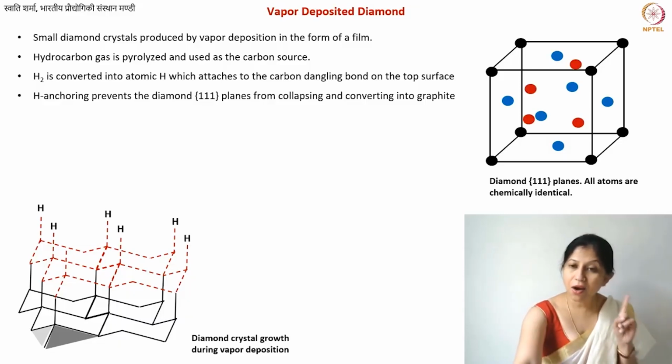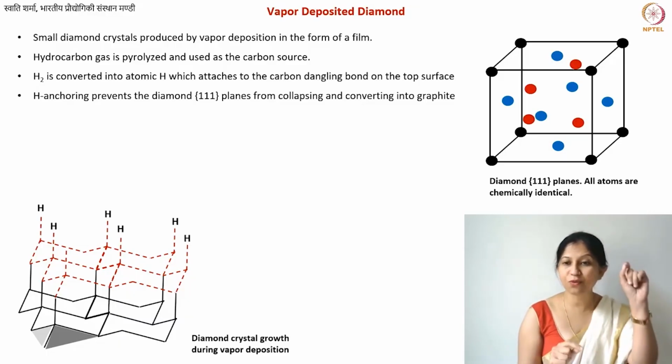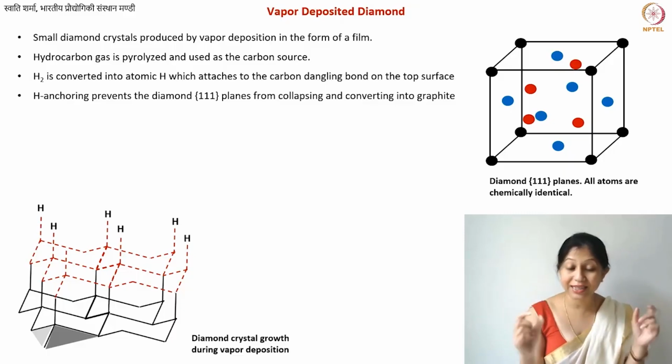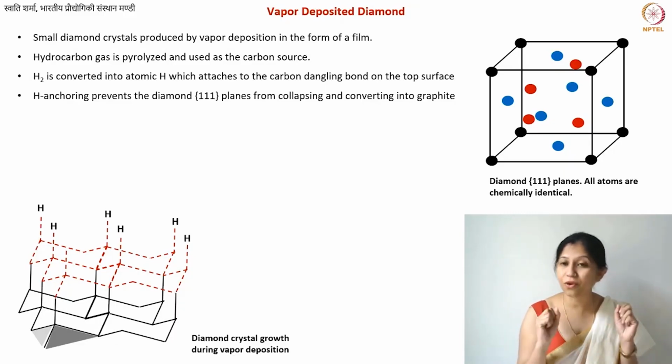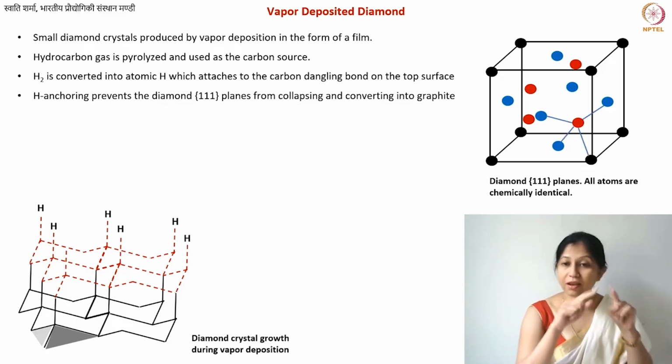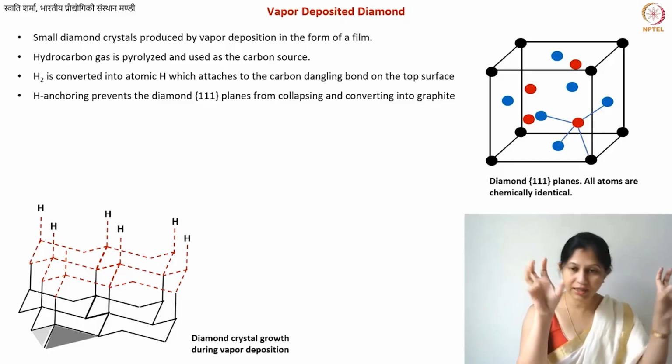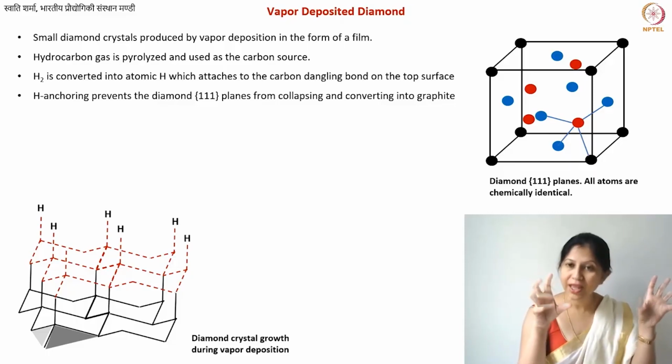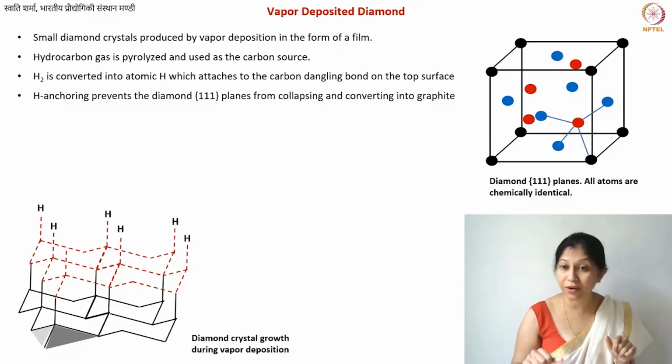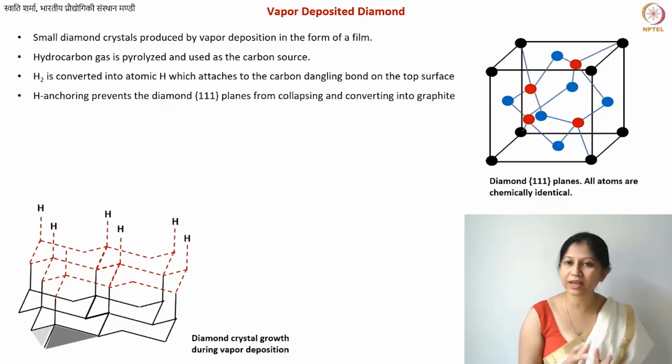Now in the case of diamond, you will have 4 additional atoms that sit inside your FCC. These 4 additional atoms are bonded to 3 of the atoms sitting on the centers of the faces, and the 4th one which is on the corner of your cube. So that is your crystal structure.